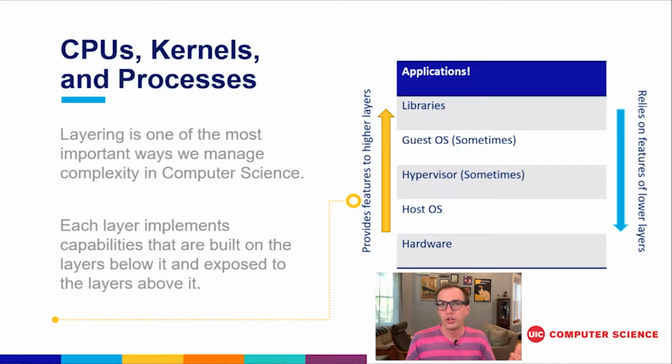Now, just like we're using libraries to make things easier for people who are writing end user programs, there's a whole stack of different components here that rely on each other to deliver that full computing experience.